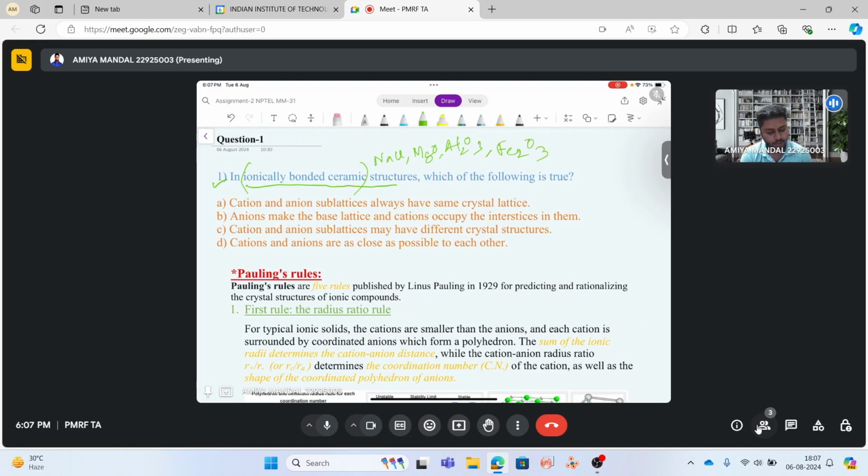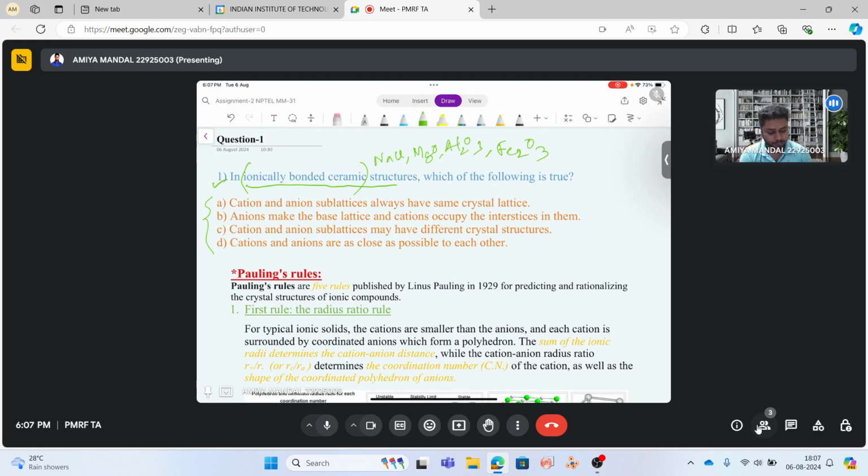These are ionically bonded ceramics, and you have already learned about their structures in week 2. There are four options, and we have to find which of the following are true. There may be one option true, or more than one option true. You have to find out.